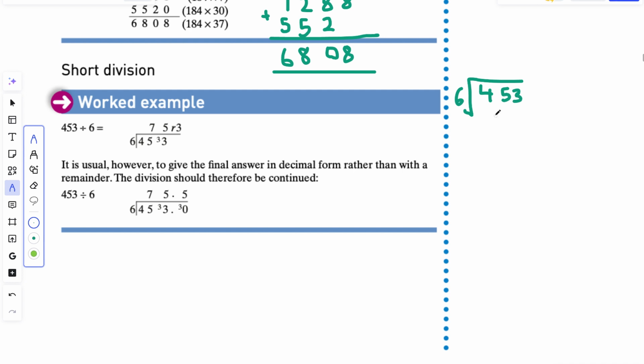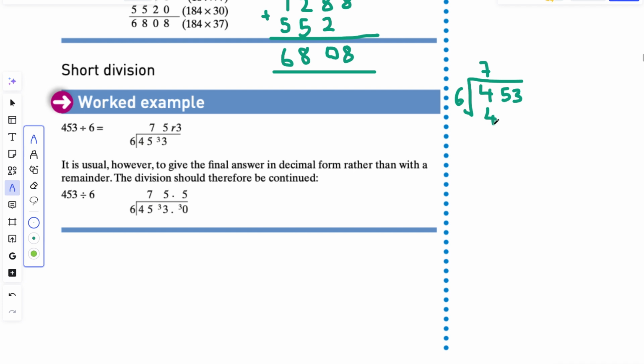So you see how many times 6 can go into 45. 6 times 7 is 42. So you write 7 on top. You say 7 times 6, you get 42.